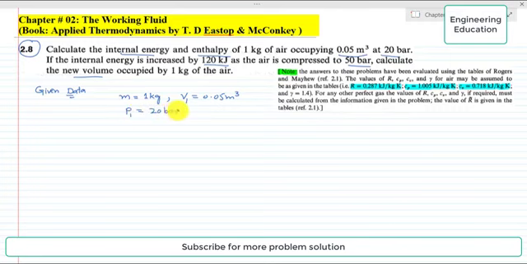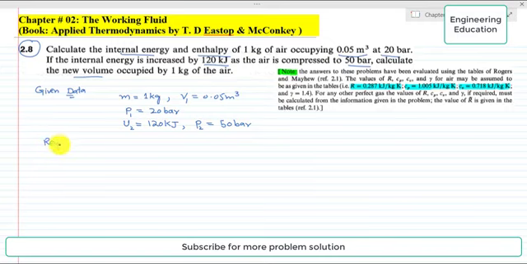We can say that this is state 1 of the air. If the internal energy is increased by 120 kilojoule, so now this is state 2. Internal energy U2 is equal to 120 kilojoule, and pressure also increases from 20 to 50 bar, and it is P2 is equal to 50 bar.